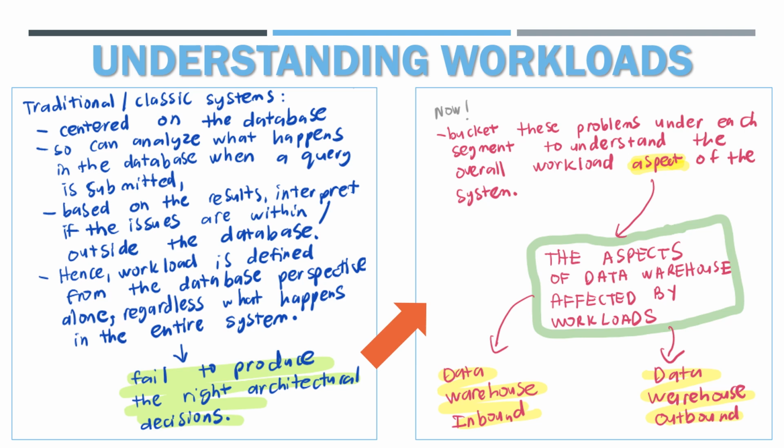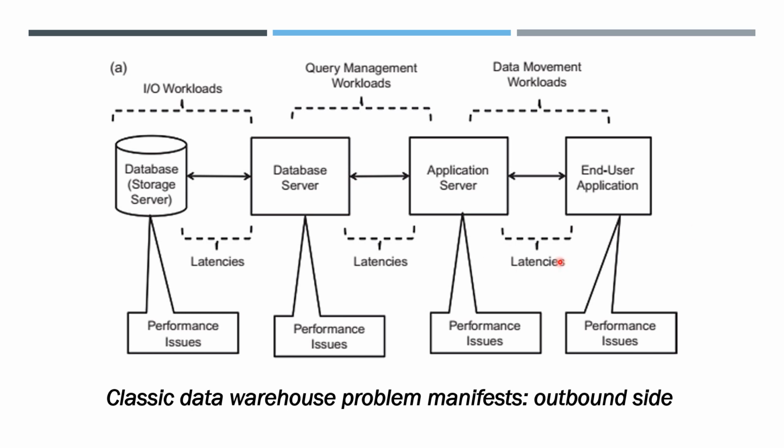The data warehouse inbound and data warehouse outbound. So we are going to take a look at these two different aspects. We will explain this on the next slide. Look at the classic data warehouse problem manifest. So this is the outbound side, and this is the inbound side.